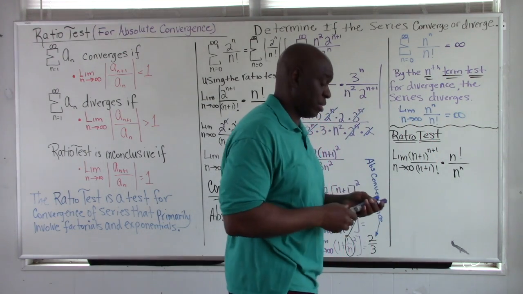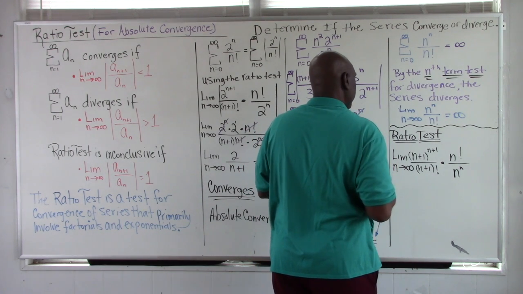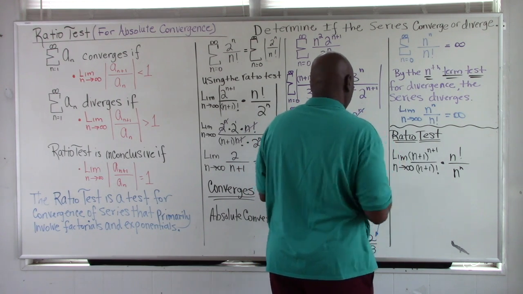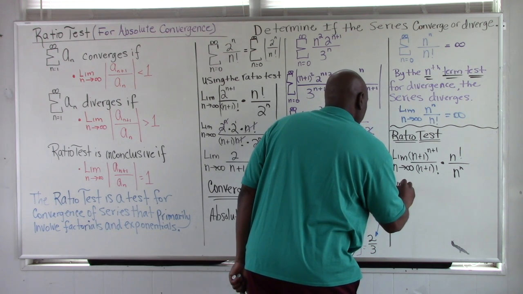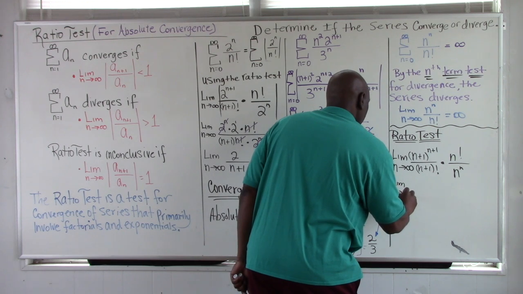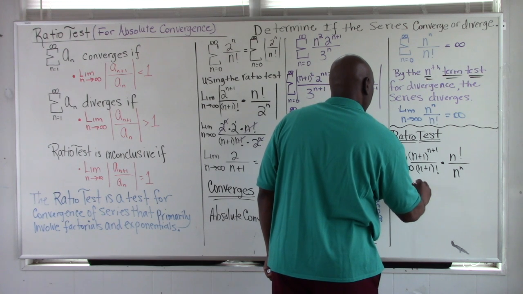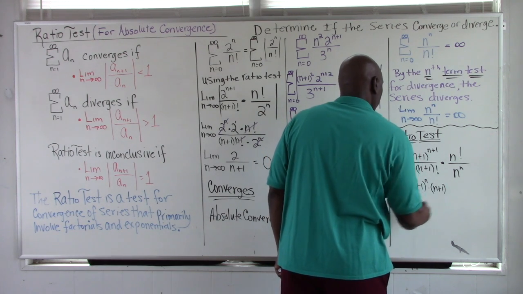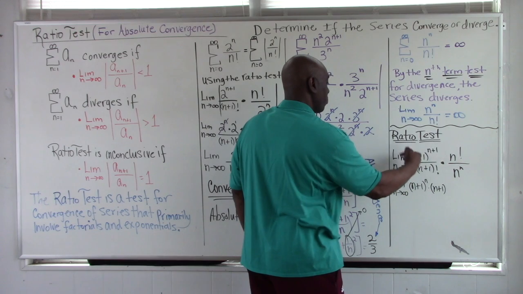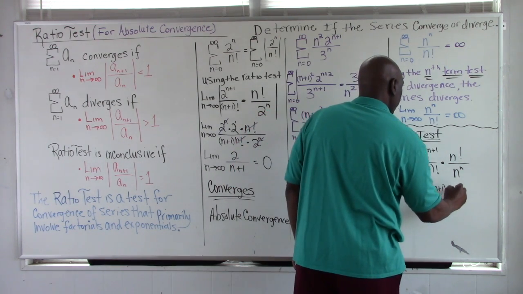And of course, it is the absolute value of this, but it's already all positive, so we're good to go. Here is going to be n plus 1 to the n times n plus 1. That's what this expression represents.